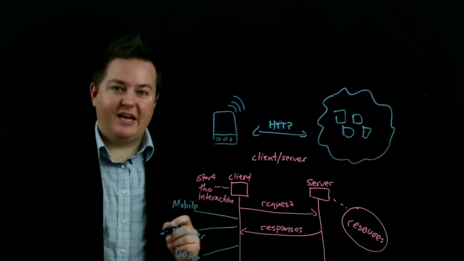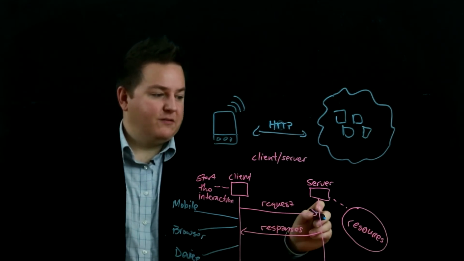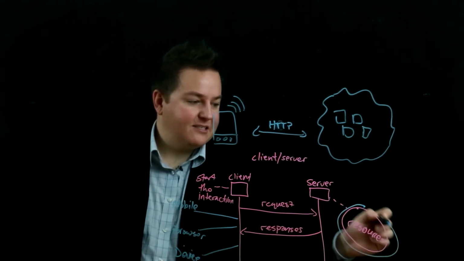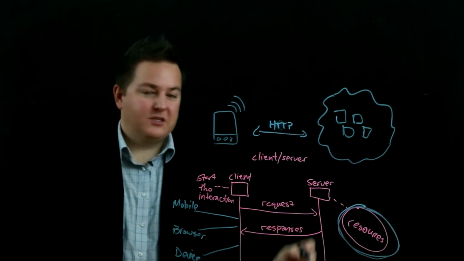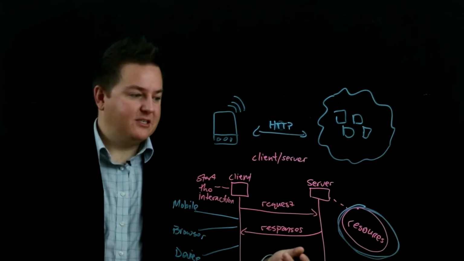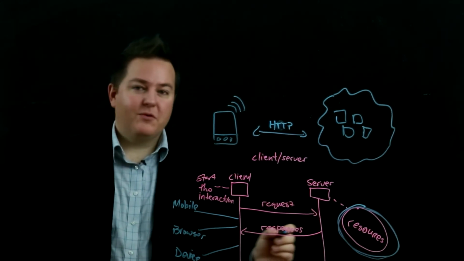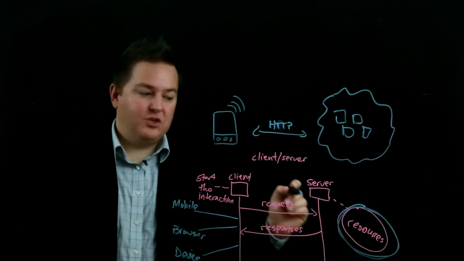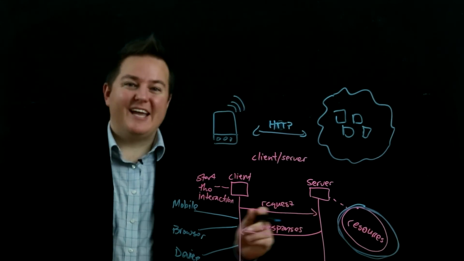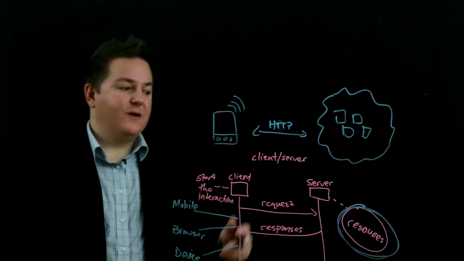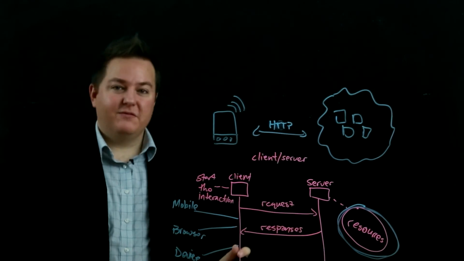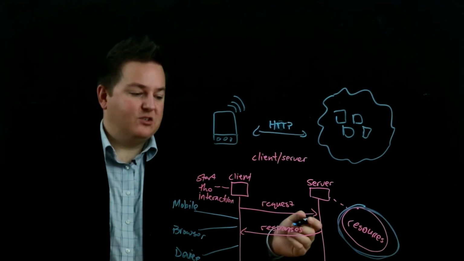So by using HTTP, they can write a server side that provides access to these resources, which could be a service or could be a web page, and they can provide a common interface to those resources through HTTP. It's a common protocol and a common server-side interface to access those resources.